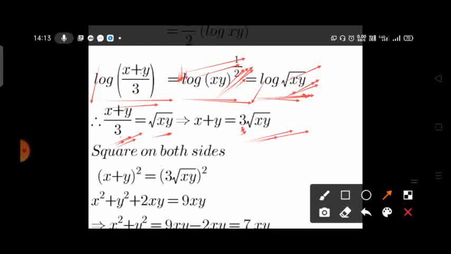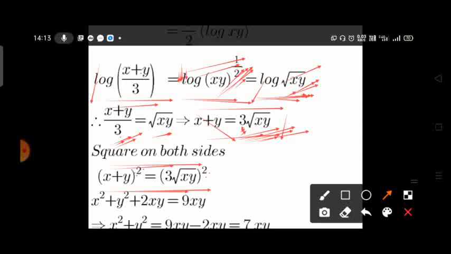Now the next step is square on both sides. We have got this condition here, and then square on both sides.